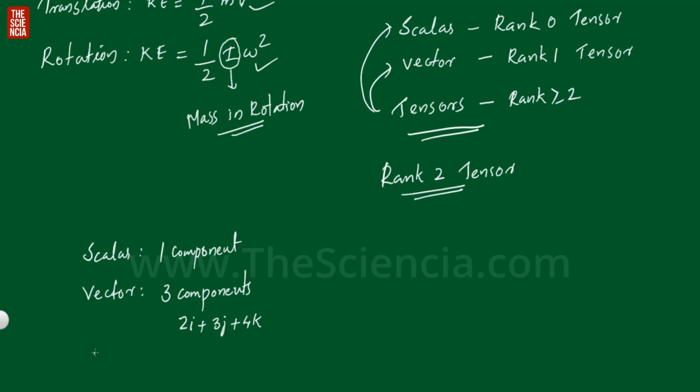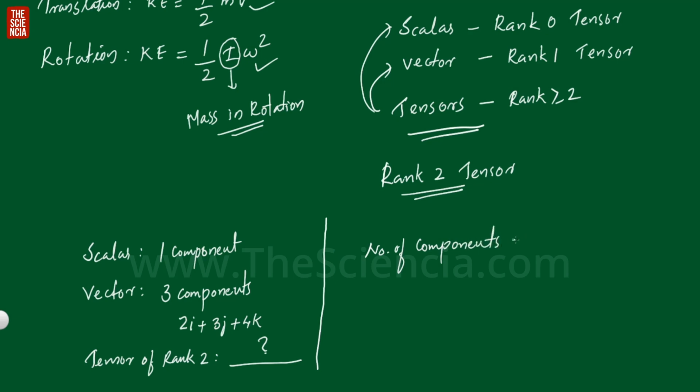Then for a tensor of rank 2, what will be the number of components? So I tell you a general expression. Number of components in a tensor is equal to D raised to R, where D is the dimension of the space and R is the rank.